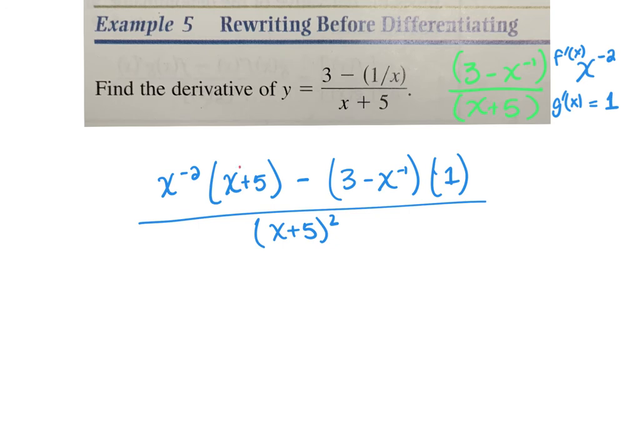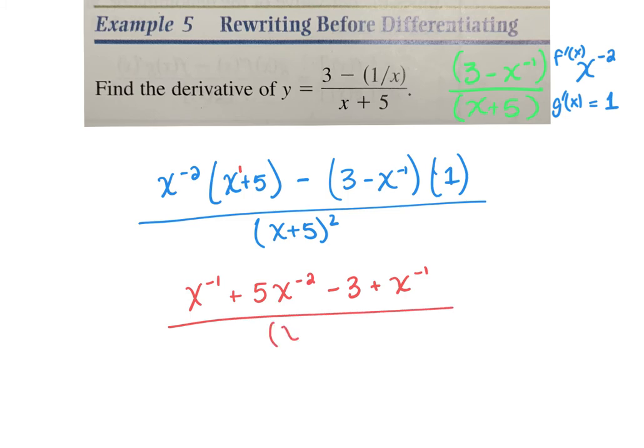Do the same process. This is x to the 1 power, right? So x to the negative 2 times x to the 1. So we're going to add it, negative 2 plus 1, right? So x to the negative 1 plus 5x to the negative 2. Distribute a negative, minus 3 plus x to the negative 1, all over x plus 5 squared.